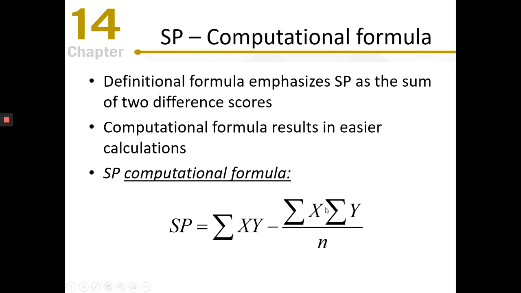Then we're going to add everybody's score on x together, add everybody's score on y together, multiply those two things and divide by n. N is the number of people, in this case 5. There's 5 people in that little example we just had. So this is a pretty easy formula, and I'm going to take you through how to do this in a sample problem pretty soon.